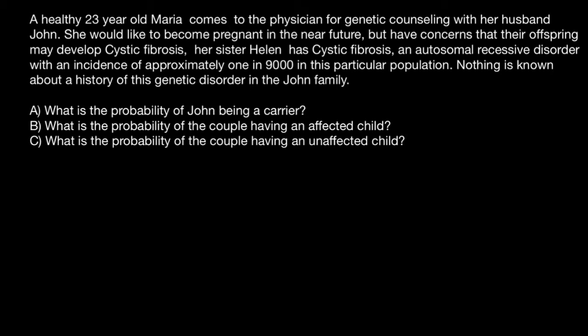In order to solve this problem, we have to use the Hardy-Weinberg formula, which gives us the frequency of the three genotypes in a population, which is p squared plus 2pq plus q squared, and all of this combined equals 1.